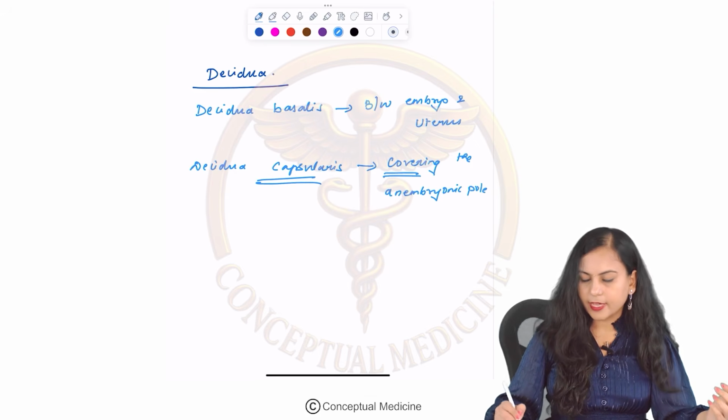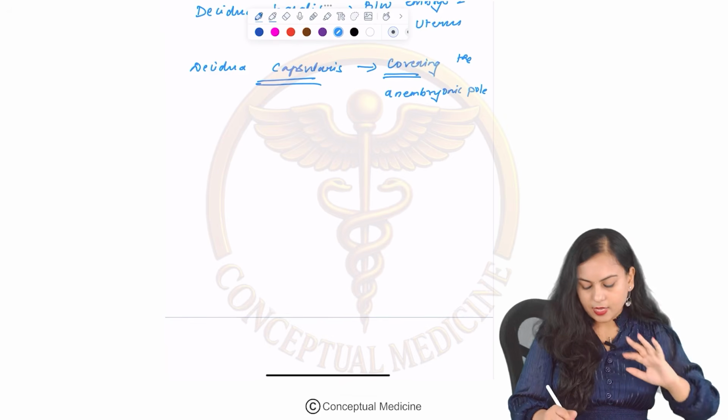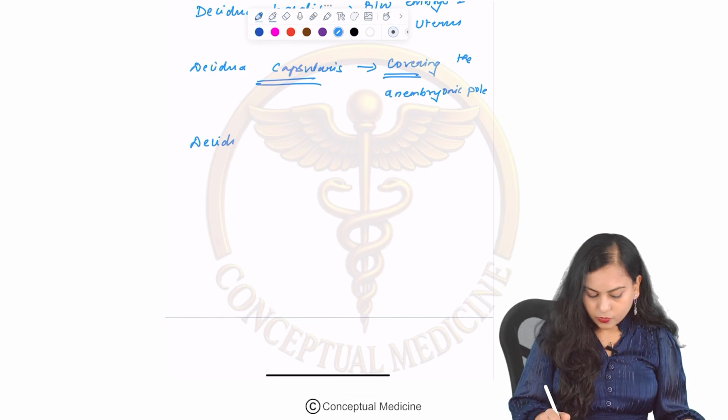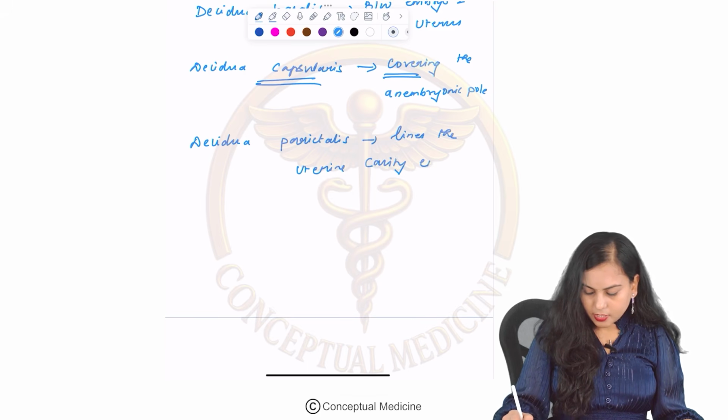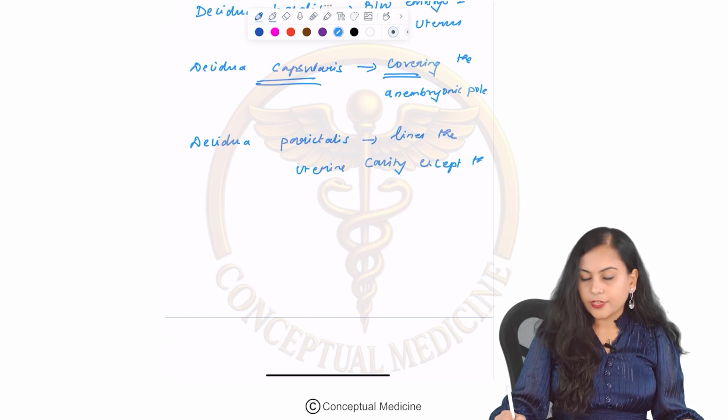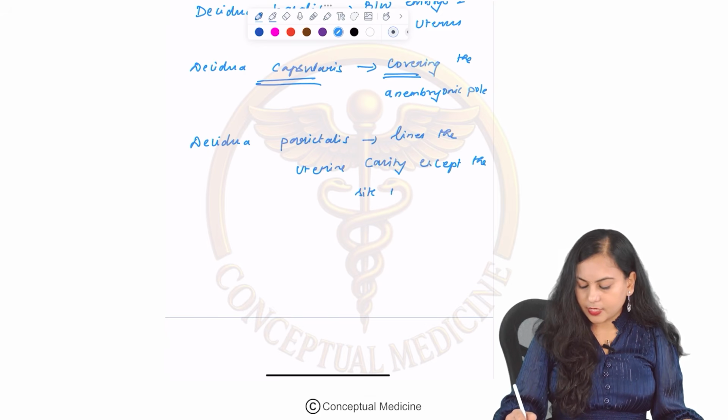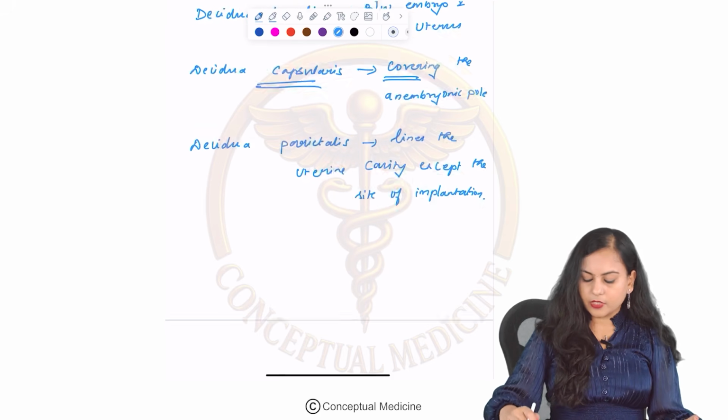Capsularis is like a cap that is covering. And finally, we have the decidua parietalis, which lines the uterine cavity except the site of implantation. Clear? So these are the parts of decidua.